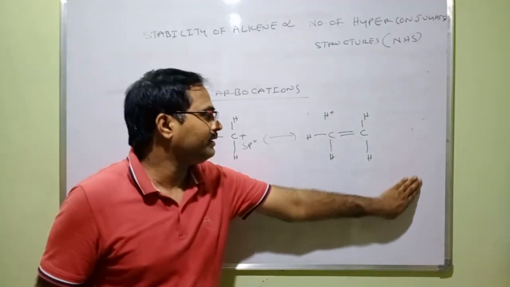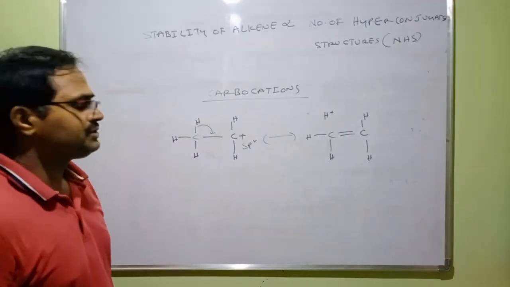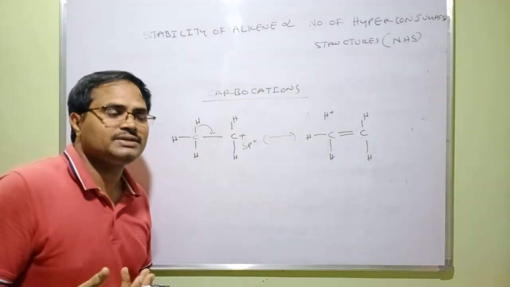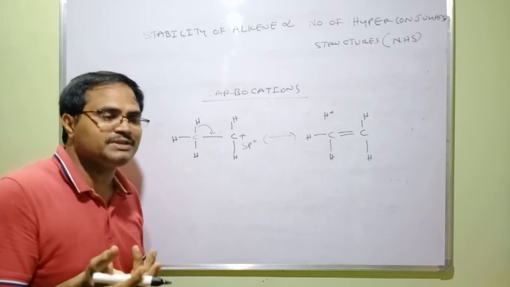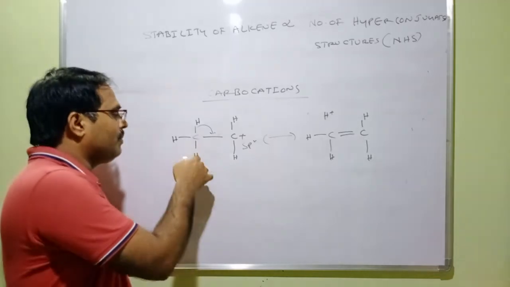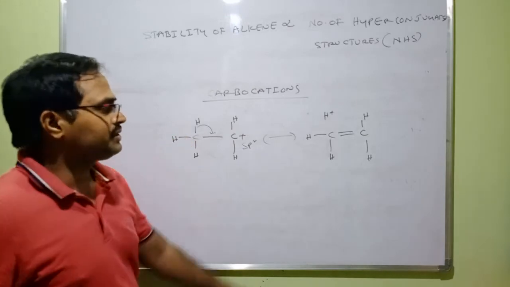Okay, fine, that's it. So how many hyperconjugated structures do we get? The number of hyperconjugated structures again depends on the number of CH bonds at the sp3 carbon or alpha carbon. How many bonds do we have? 1, 2, 3. So the same we will get.